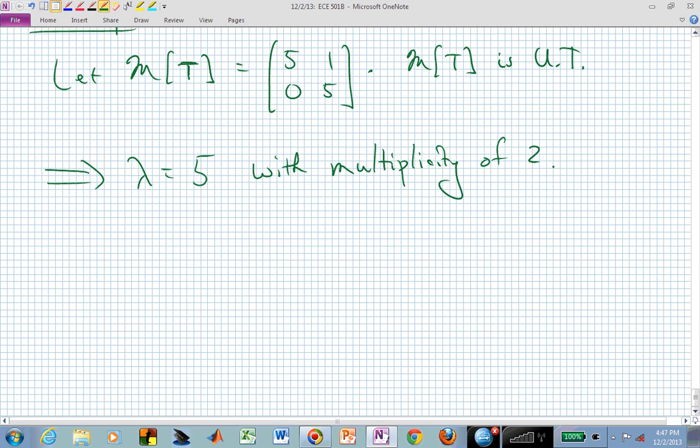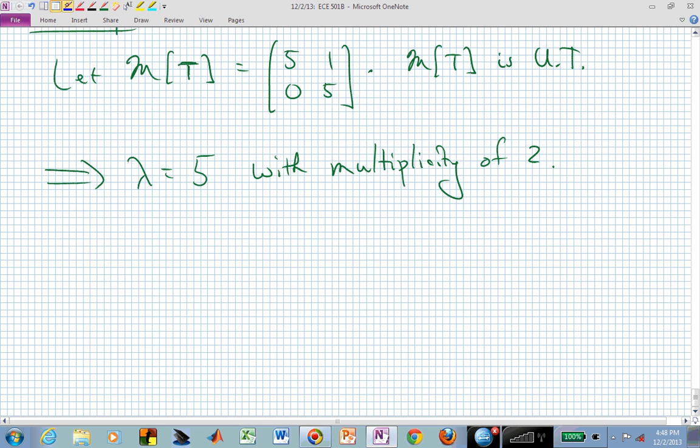We would have two eigenvectors, and we would have to create one generalized eigenvector for that three-dimensional case. In this case, we actually need to build one generalized eigenvector. We're going to have two generalized eigenvectors, but one of those is actually an eigenvector. Can that be any more confusing?